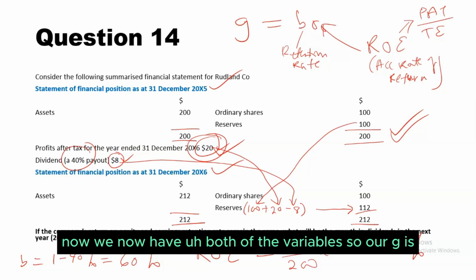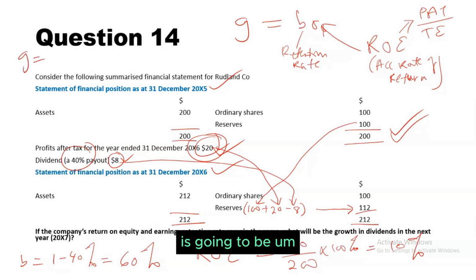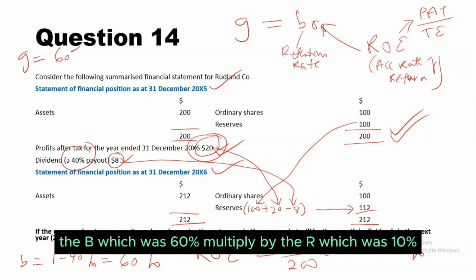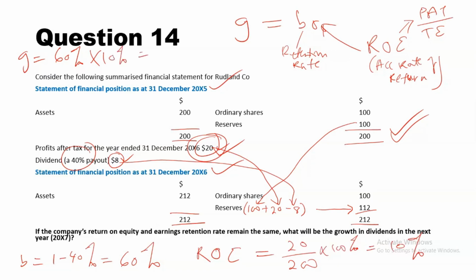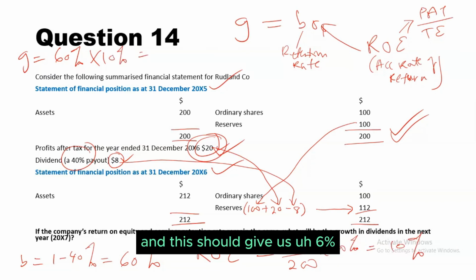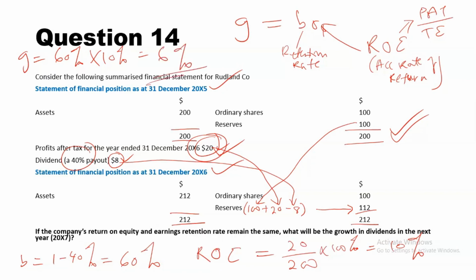Now we have both of the variables. Our G is going to be B, which was 60%, multiplied by R, which was 10%. And this gives us 6%. So simple, isn't it? Let's continue.